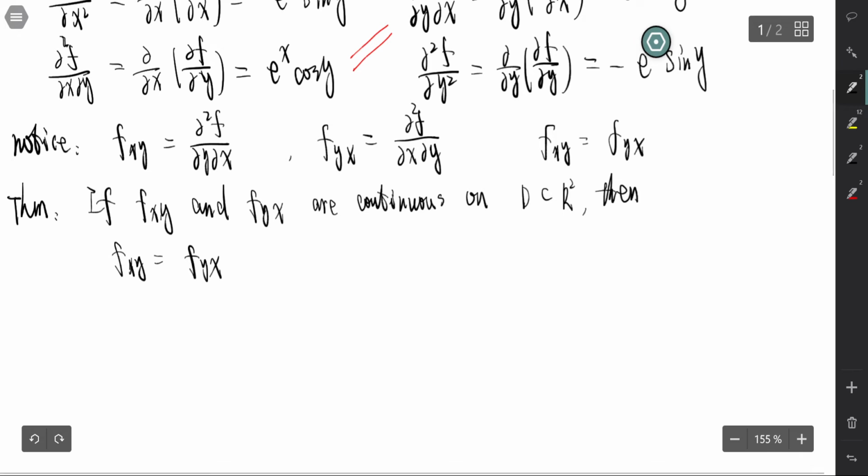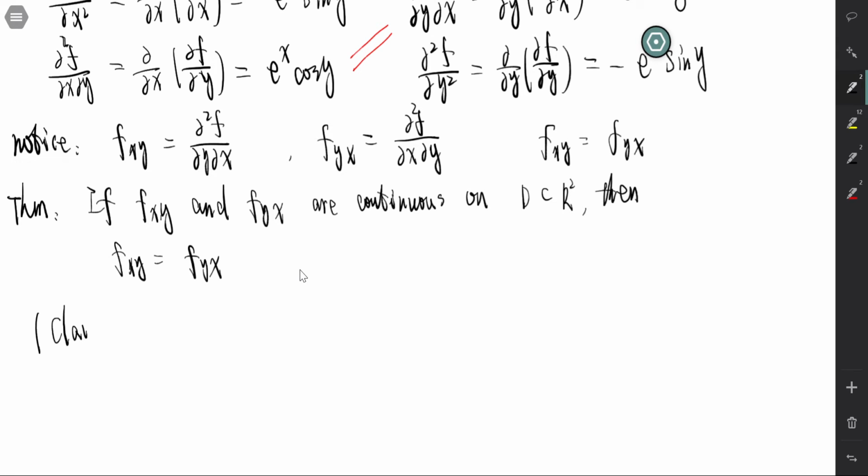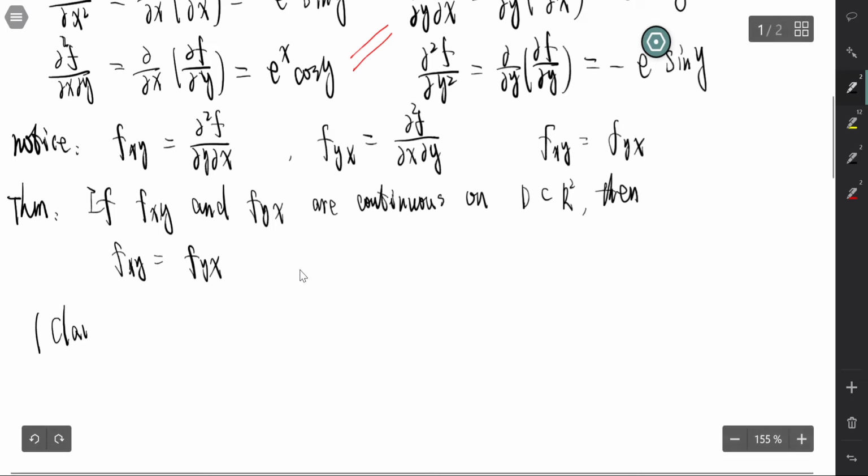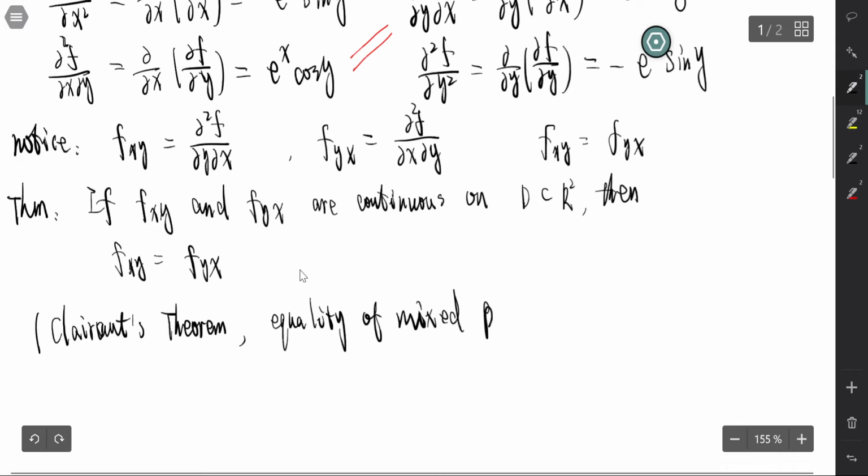We call this Clairaut's theorem, or the equality of mixed partial derivatives.